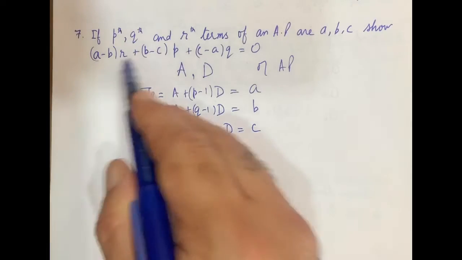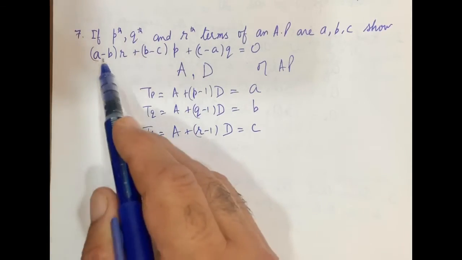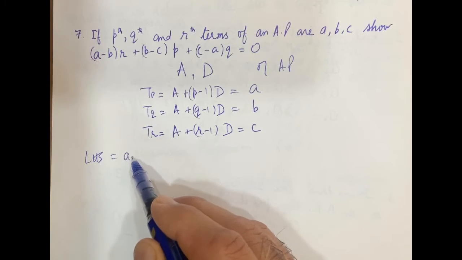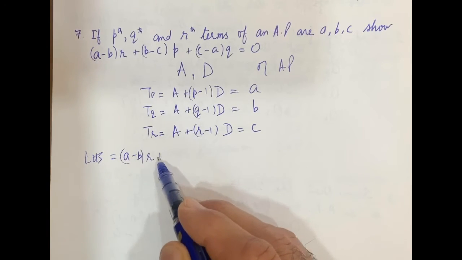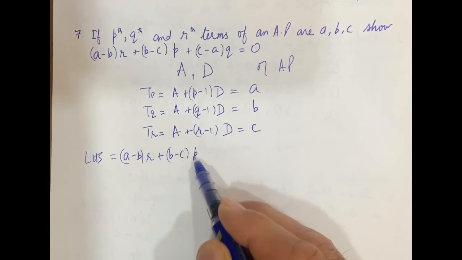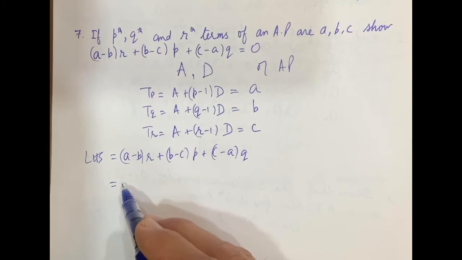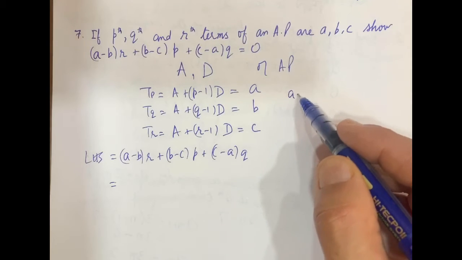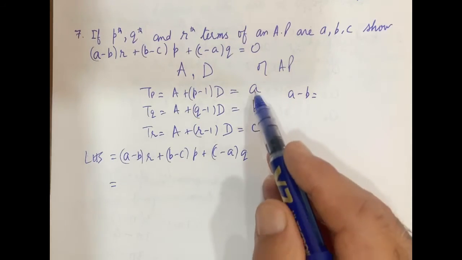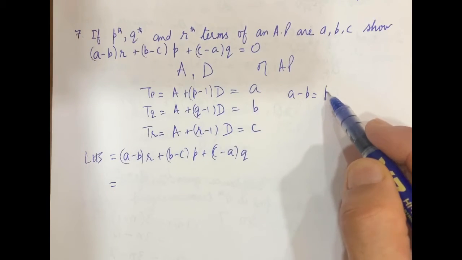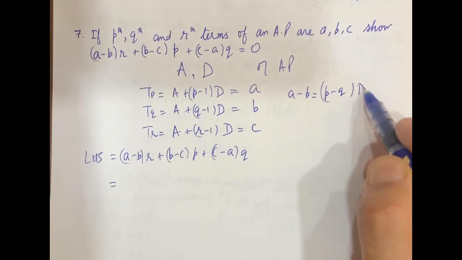We have to prove the result that the left hand side is equal to 0. So let's write the left hand side, which is a minus b into r, plus b minus c into p, plus c minus a into q. Let's find a minus b here. This will cancel out, it will be p minus q into d.